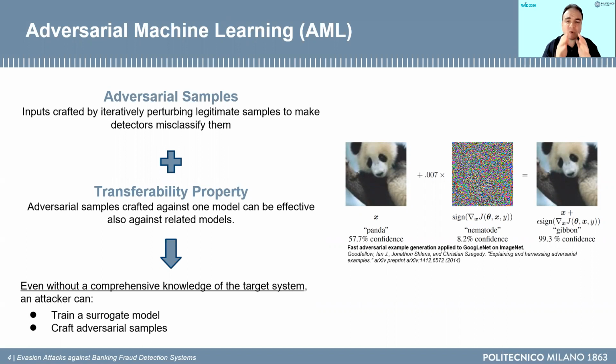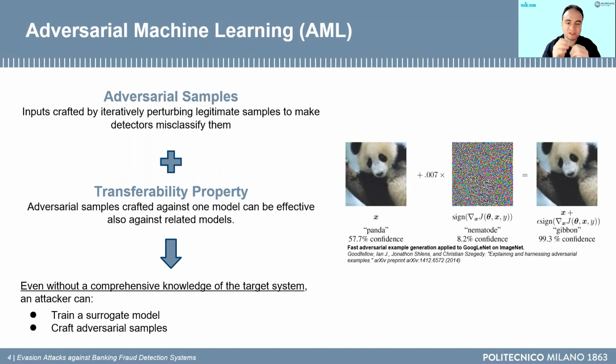In fact, it is possible to significantly reduce their robustness and alter their performance through adversarial samples, which are inputs crafted starting from legitimate samples that are iteratively perturbed to make the detector misclassify them.